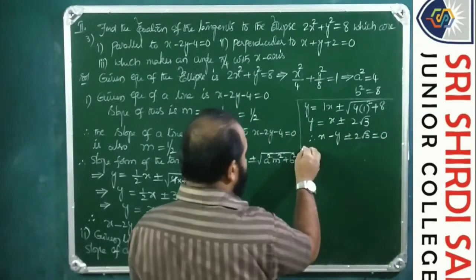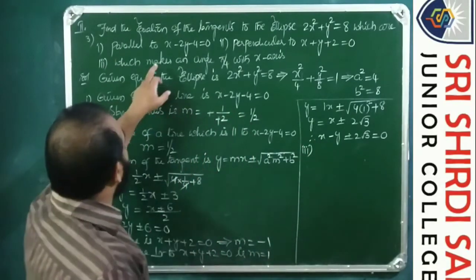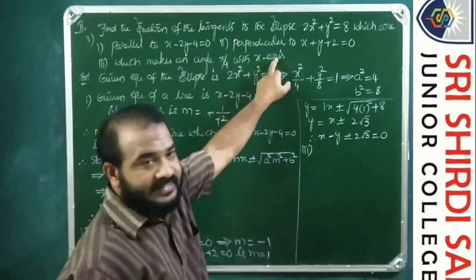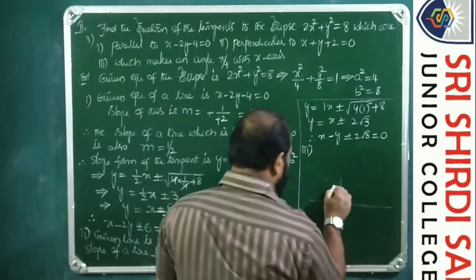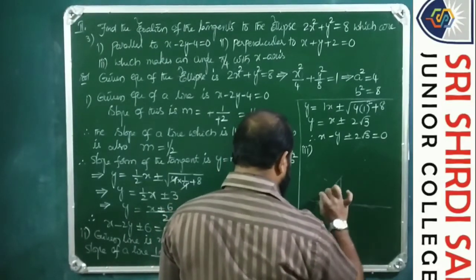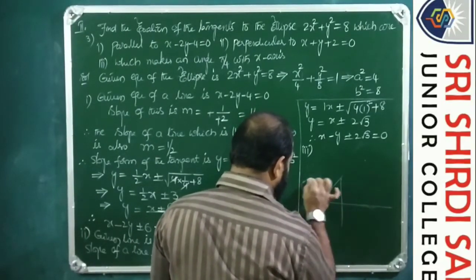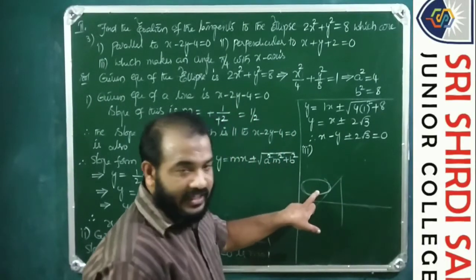And the third question is the tangent makes an angle pi by 4 with the x-axis. So that means, for example, this is the ellipse, and this line touches this ellipse.